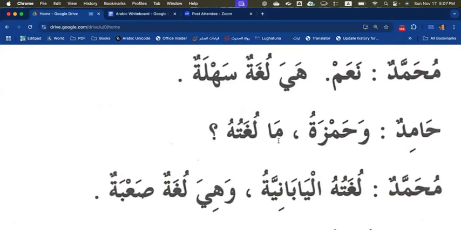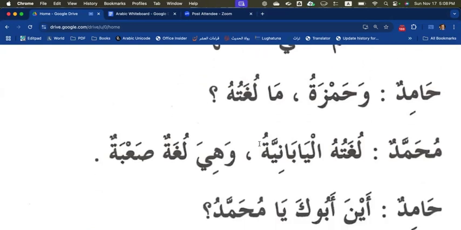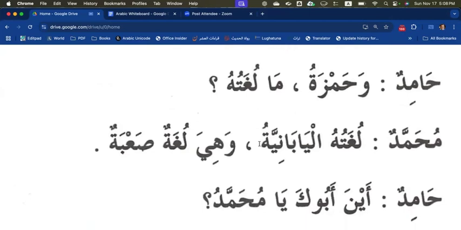Ma is what, right? What is his language? وحمزة ما لغته؟ What is his language? This is not how you normally say it, but he's just teaching you the suffix pronouns, okay?